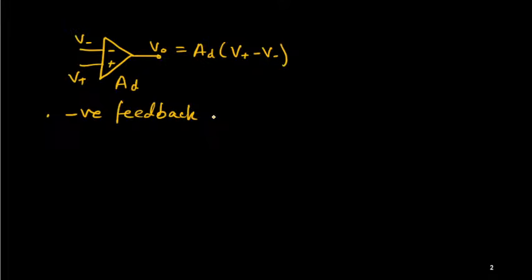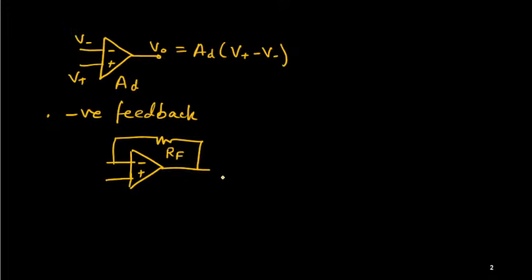And how do we provide negative feedback? With this op-amp, this is the inverting and this is the non-inverting terminal. If we provide one element between the output and the inverting terminal, and I call it RF, that means we are providing negative feedback to this op-amp.